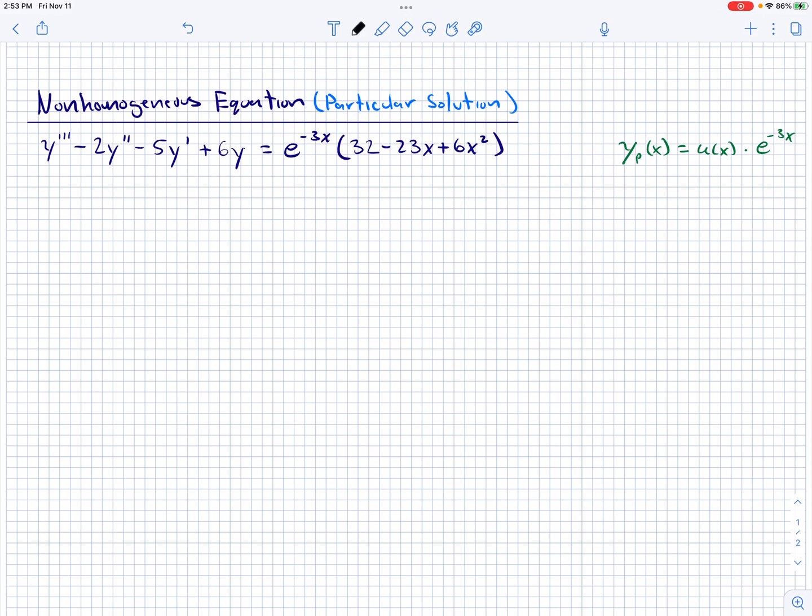So doing that, we have to find the derivative. Finding the derivative, we have to use the product rule.